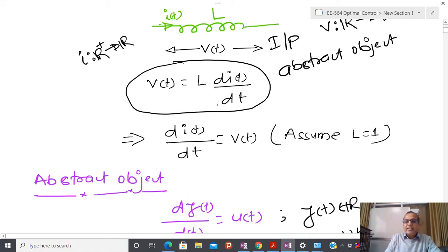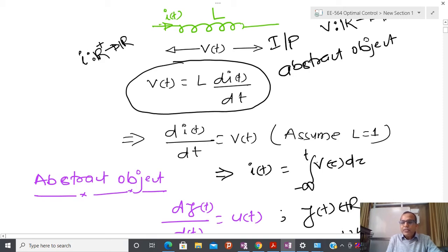If you write di(t)/dt equal to v(t), then you can see that if you integrate this particular quantity, I can further write some quantity like i(t), and that is nothing but the integral of v(tau) d tau, from minus infinity to t.